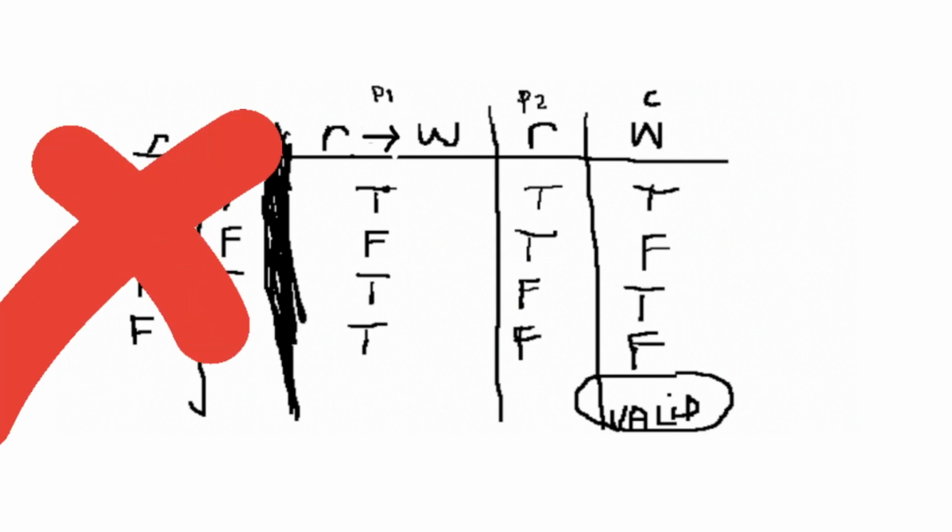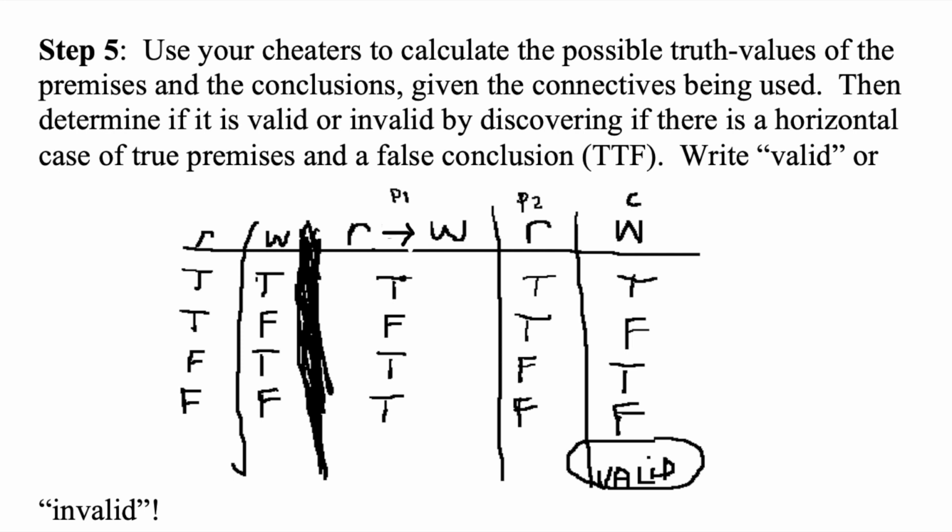And TTF is the only one that matters. If both premises are true and the conclusion is false, the whole argument is invalid. If it's possible to get true, true, false, it's an imposter, not an actual deductively valid argument, so it's invalid.